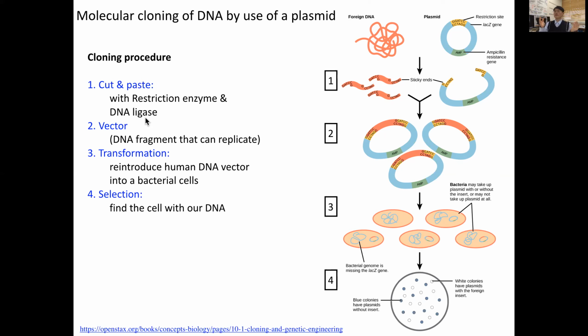So the cloning procedure is, number one, we cut and paste with the restriction enzymes and use DNA ligase to connect them together. And we need that vector of DNA fragment that can replicate inside the bacteria, and putting it into the bacteria is called transformation. So we reintroduce the human DNA vector into bacterial cells, and then we can select and find those bacteria containing our own recombinant DNA.